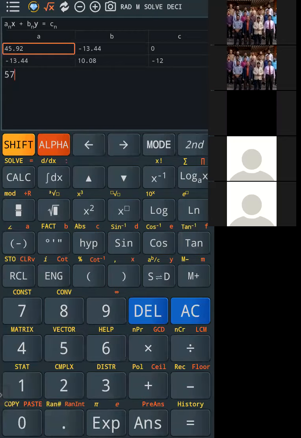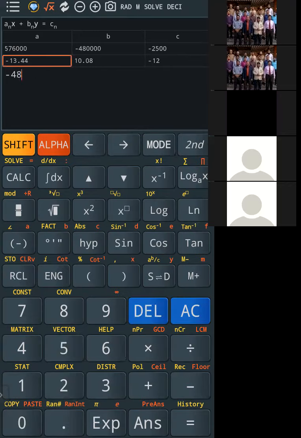So 57.6 into 10 raised to power 4, then minus 48 into 10 raised to power 4, minus 2500, right?